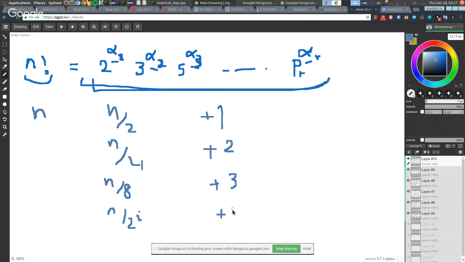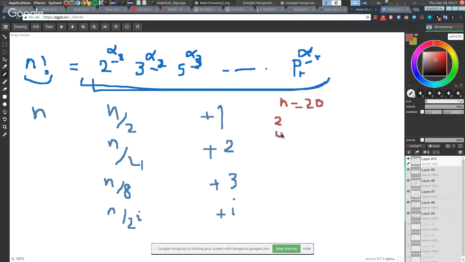The way we can visualize this is with an example. If we have n equal to 20, I will list the even numbers here. I will not list the odd numbers because they won't add any power of 2.